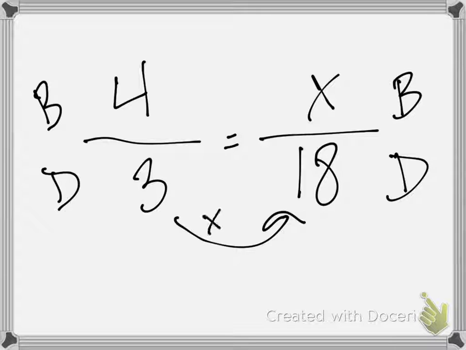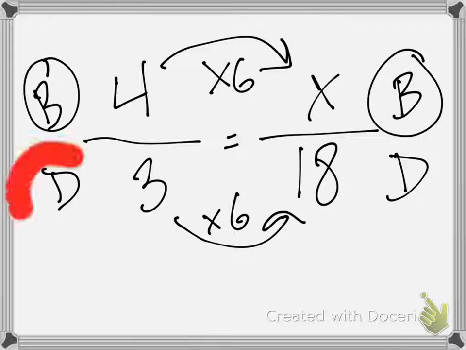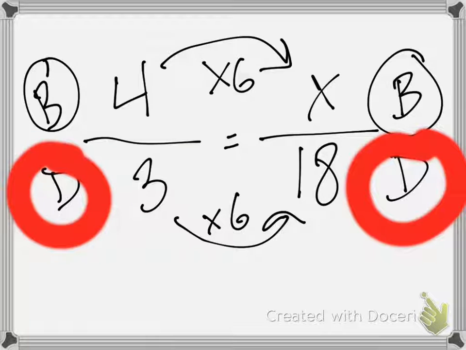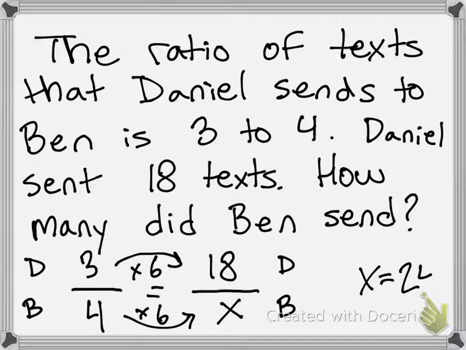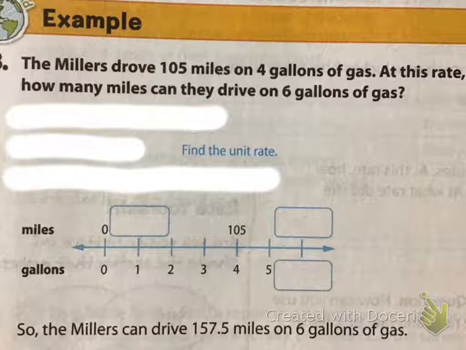It's going to be the exact same ratio. It doesn't matter which part of the fraction is where, as long as they are both the same. So we have Ben and Ben over here, and we've got Daniel and Daniel down there. Both ways work. Daniel, Ben, it doesn't matter. Both ways work. I want you to practice this one.